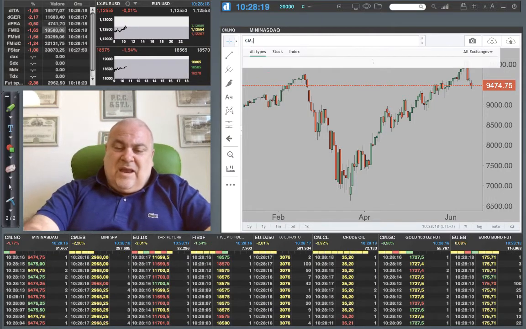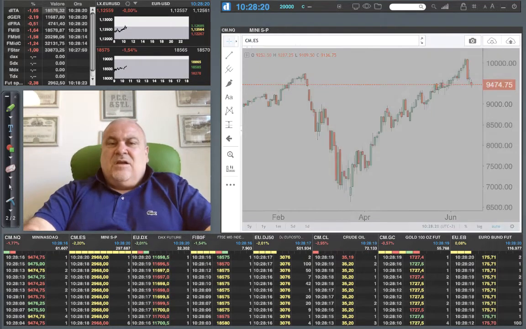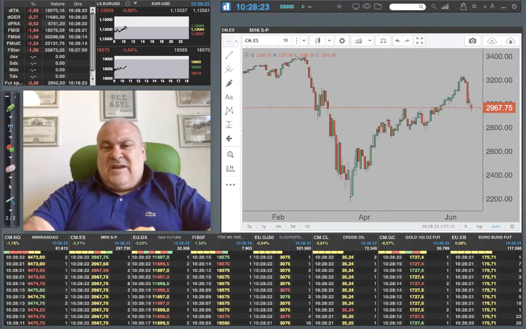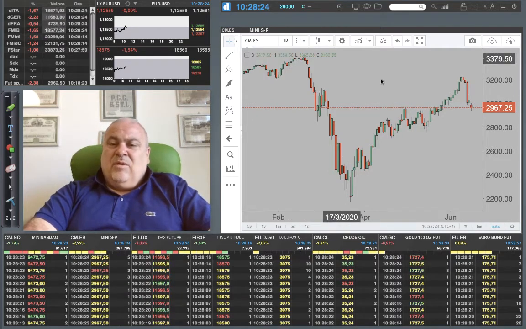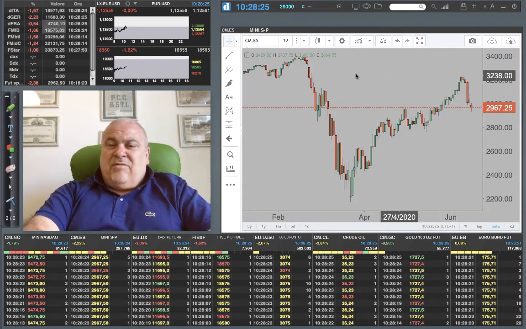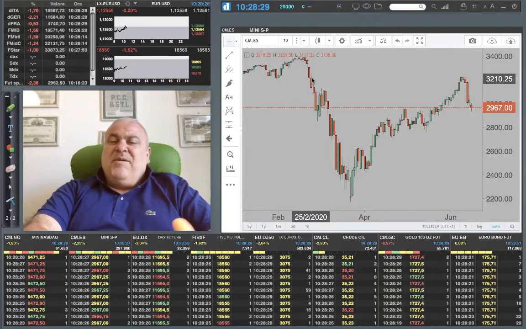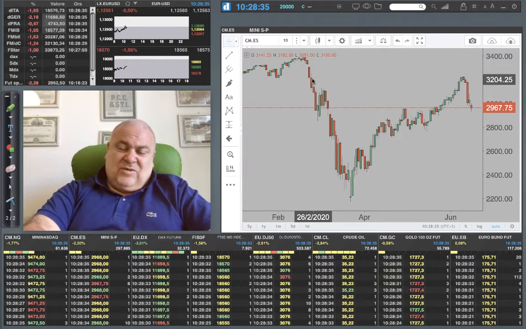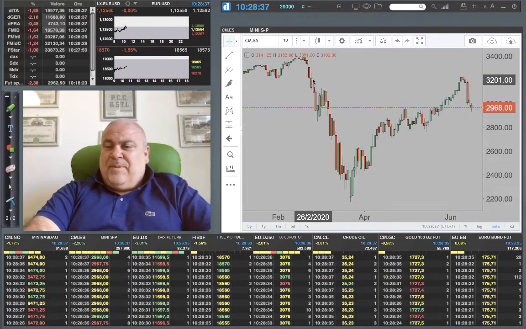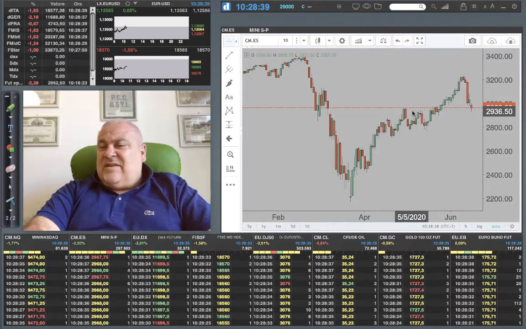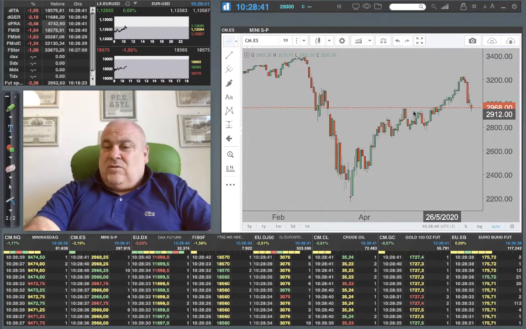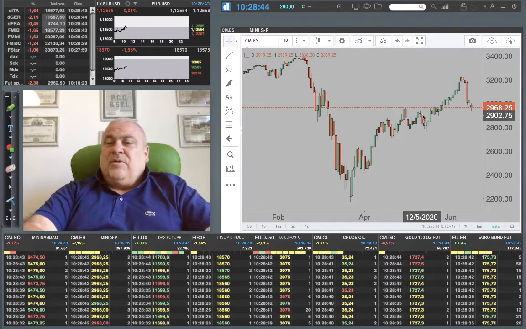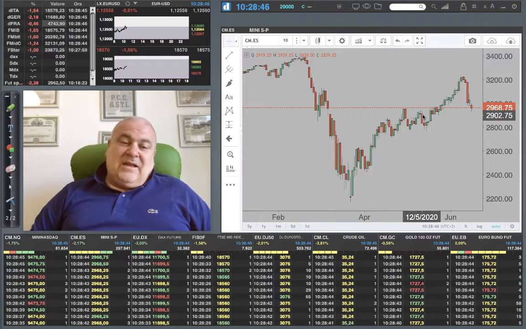So again, I want to show you the S&P 500, not as strong as the NASDAQ was, but capable also of recovering to the prices that we had before COVID-19, not the new maximum. That was really what happened. So I can see that here we are already very close to the support. The first support is 2,965.